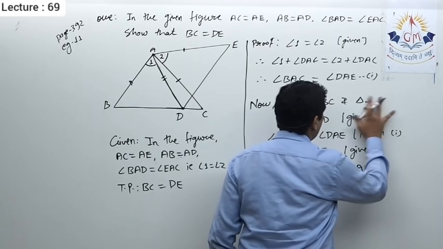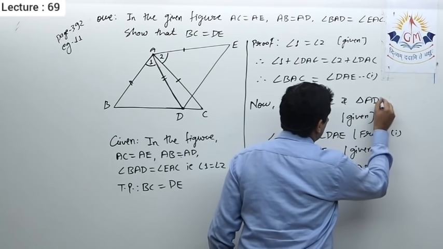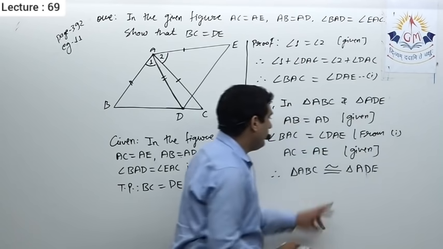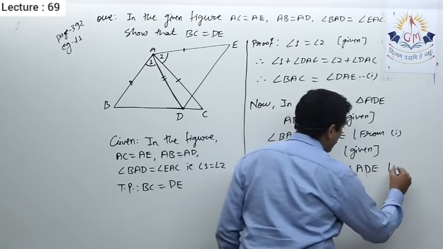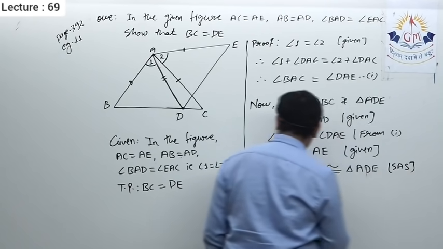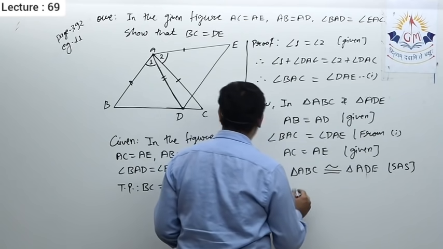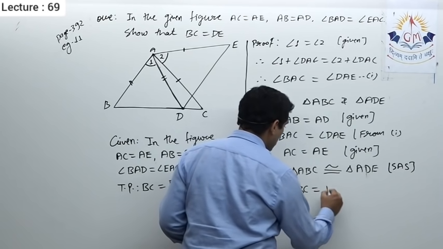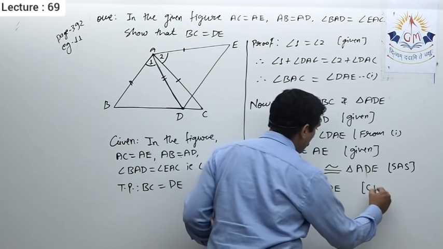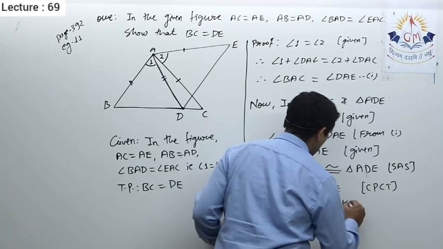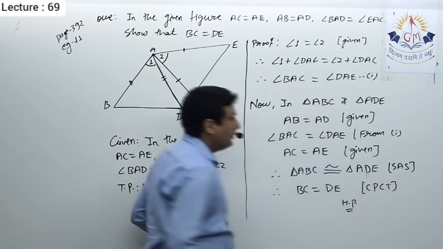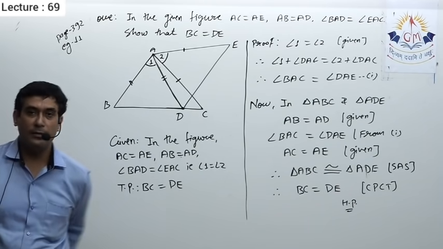Here again I am taking AD because both places should be in the same order. So the triangles are congruent by side angle side, and therefore BC is equal to DE by CPCT. So hence proved. Please note it down, then we'll see the next question.